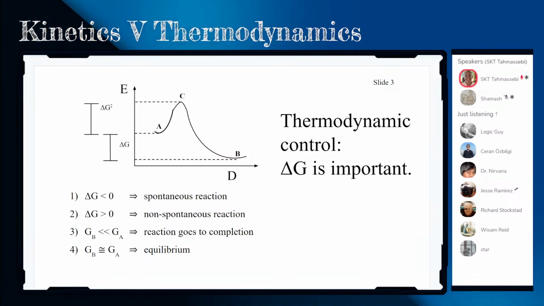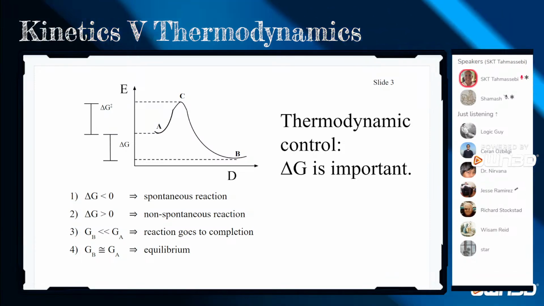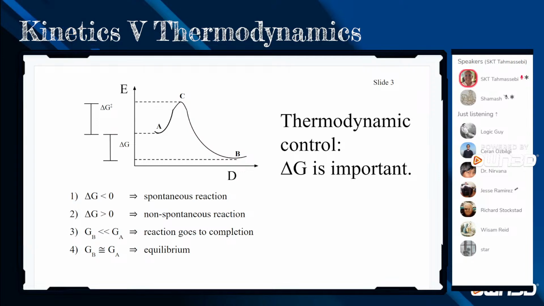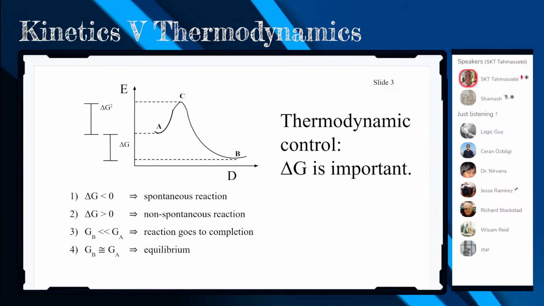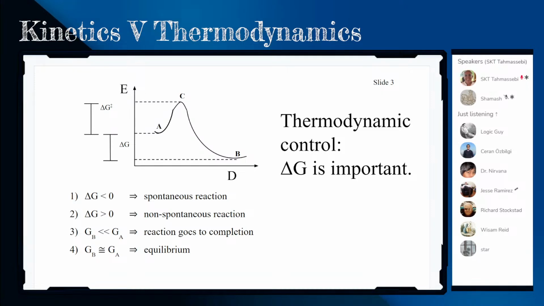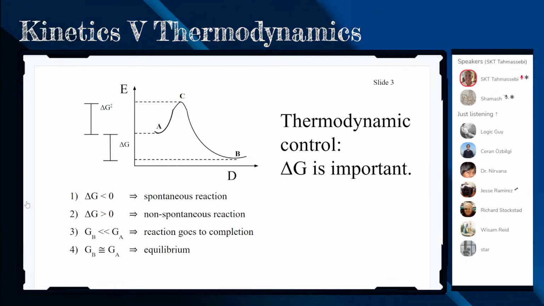That is, if in this reaction the activation energy is achievable, then the reaction will take place. We see this on a daily basis. Iron rusting, you don't do anything to it, right? It just sits there, iron and water, and it rusts. Why? It spontaneously rusts. Why?